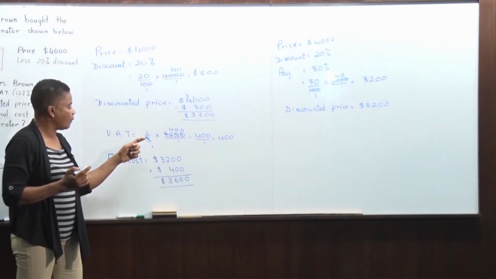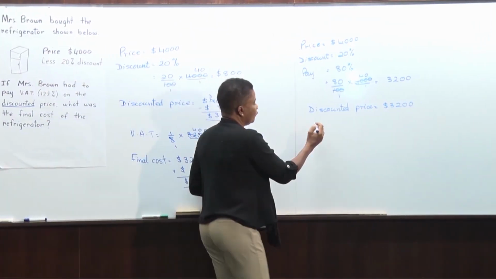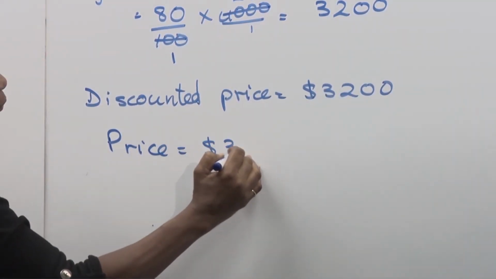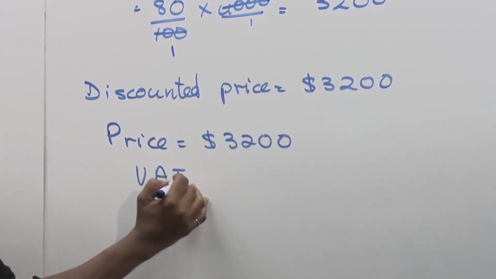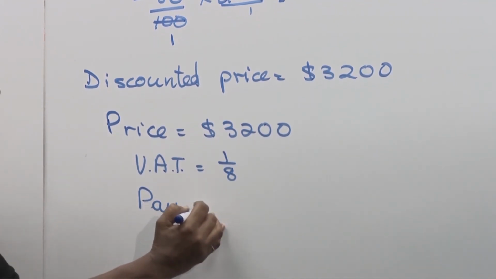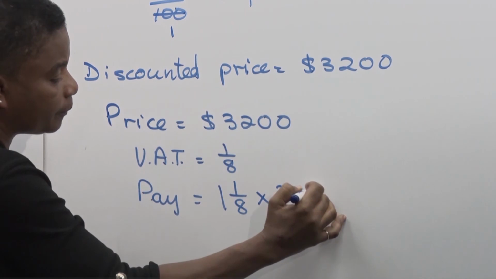But do you remember how we did the VAT previously? Yes, we added it on. So if the price is now $3,200 and the VAT, value added tax, is 1/8, then she is going to pay, excellent, 1 1/8 of the discounted price.